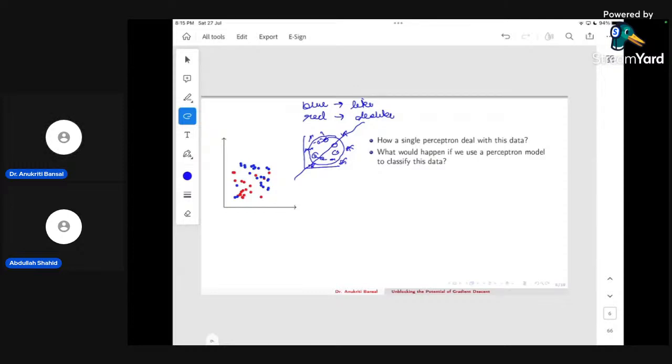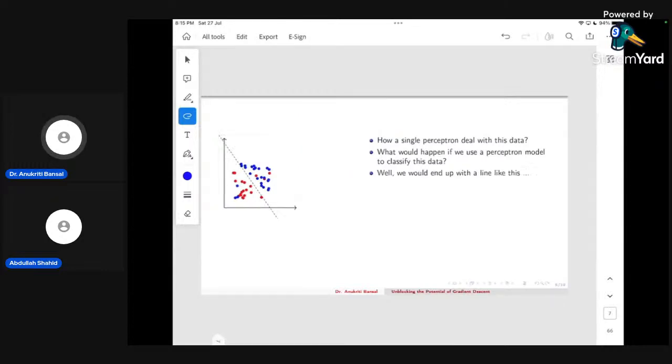But right now I'm considering a very simple example where I can use the perceptron model, where I can have a boundary which gives me almost a good separation between two types of data points, red and blue.